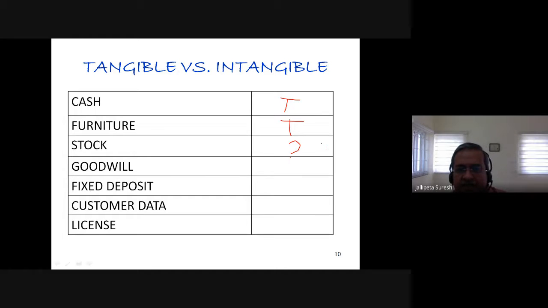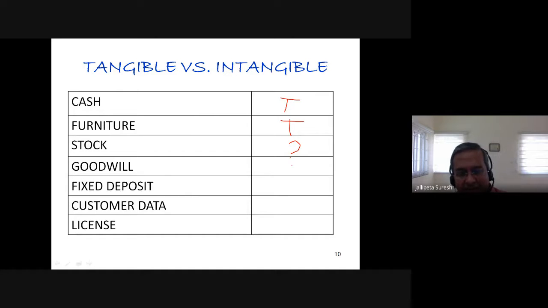Now next comes goodwill. Is it tangible or intangible? I will give you an example before categorizing. Say I'm interested in buying a company, and I did a survey and found the value of the company to be, say, 1 crore. After evaluating that company, I say, okay, let me pay 1 crore 50 lakhs rather than 1 crore.